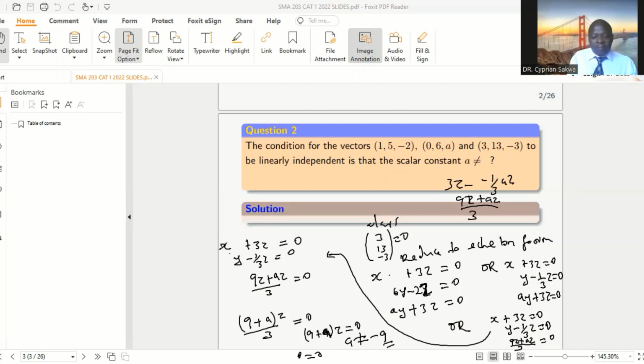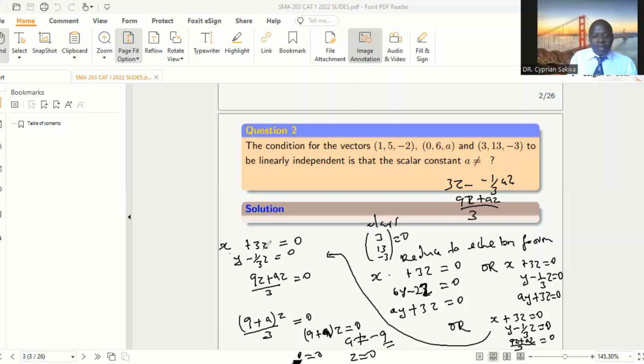And I said that for the system to have a unique solution, the value on the left side should be non-zero. So for us to get a value that is non-zero, a should not be equal to negative 9. So a should be any value but not negative 9. For example, if a is 2, then we will be having 11z is equal to 0, which would mean that z would be 0.